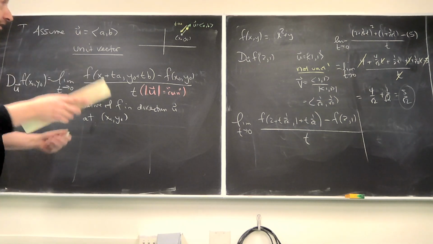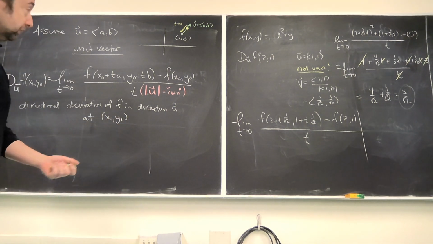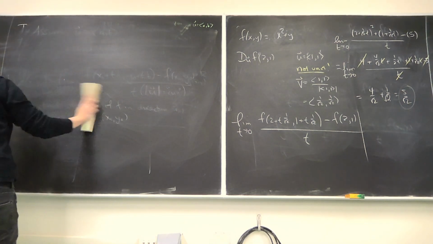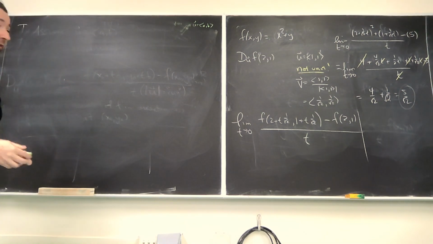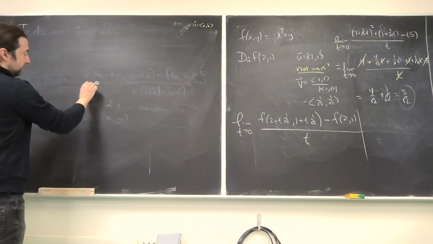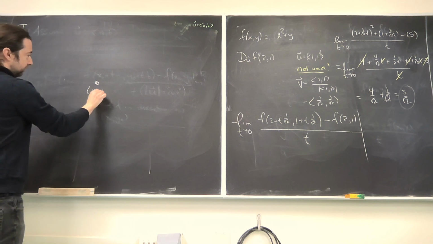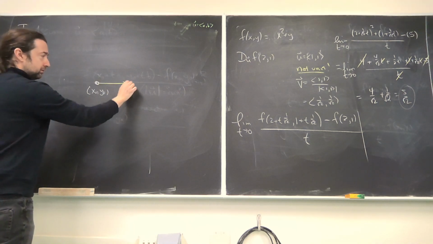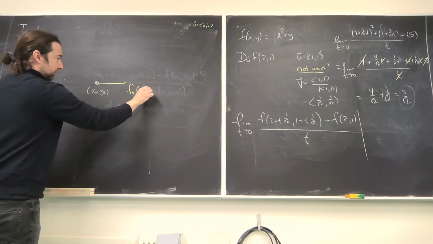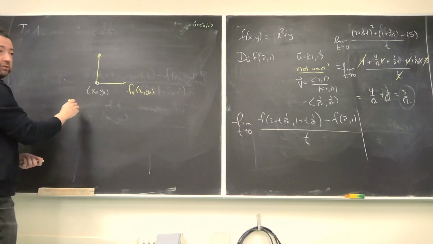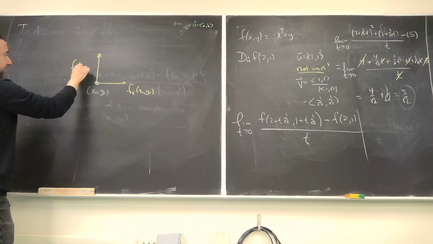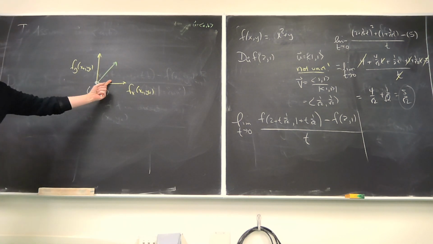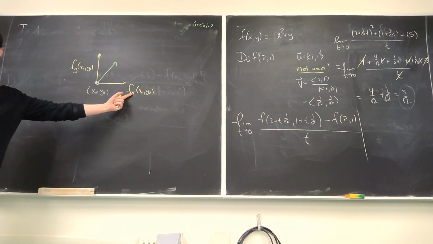But from a vector standpoint, it seems reasonable to believe that maybe, because we have tangent planes involved, if I'm at some point x naught, y naught, and I know the derivative in this direction, which was fx at x naught, y naught, and I know the derivative in this direction, which was fy at x naught, y naught, maybe I can figure out the derivative in this direction as a combination of these two slopes.